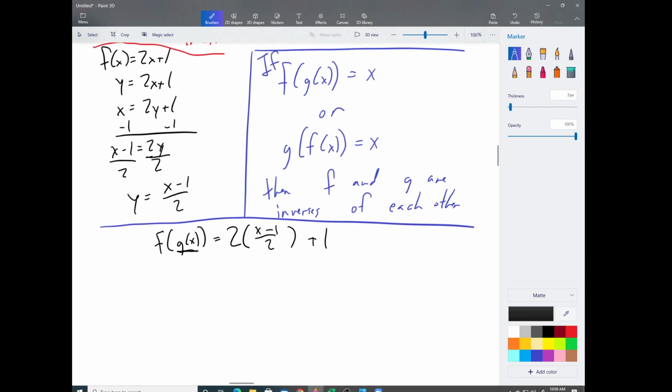And then you do your algebra to solve it. I see I've got 2 divided by 2, so one's on top, one's on bottom. They're going to cancel. And I get x minus 1 plus 1, and those are going to cancel, and I get out exactly x.